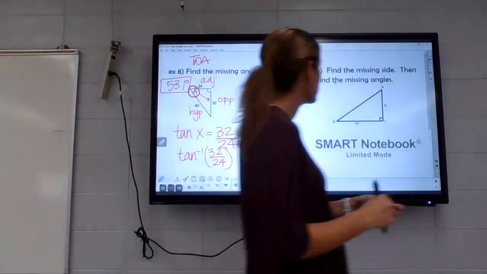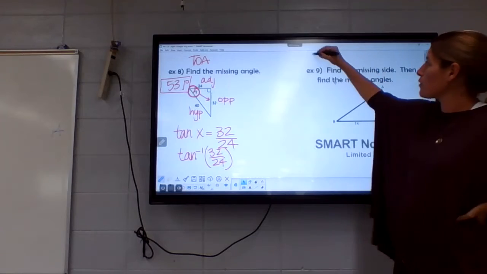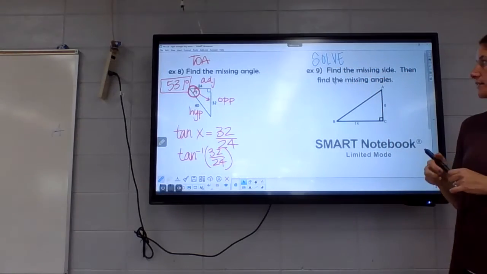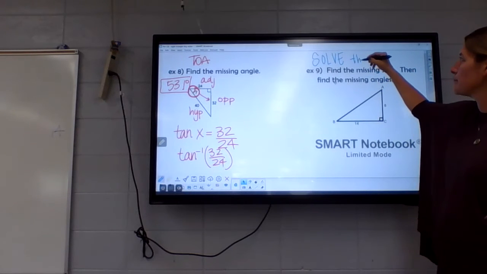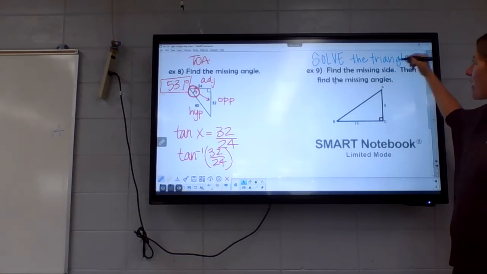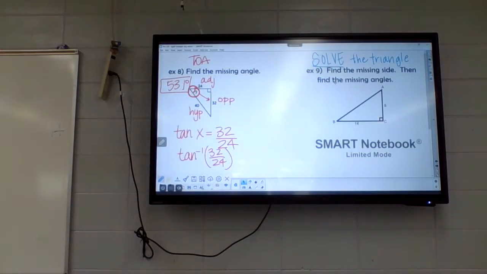All right, our last one here says find the missing side, then find the missing angles. When they're asking you to do all this, rather than listing both of these, they'll say solve the triangle. That basically just means find all the missing parts. The end of your homework asks you to solve the triangle, and that's what they mean. So find all the missing sides and angles.